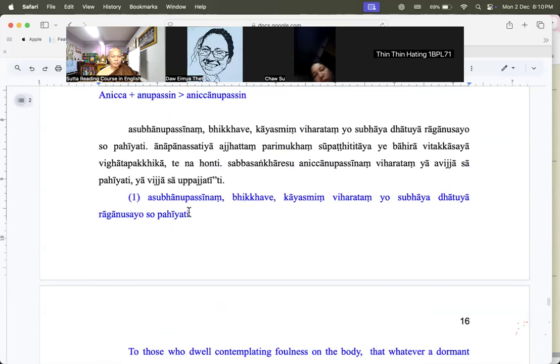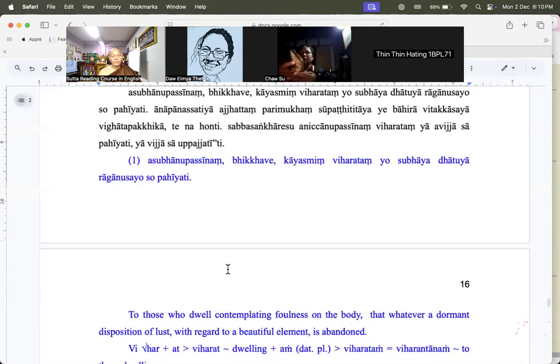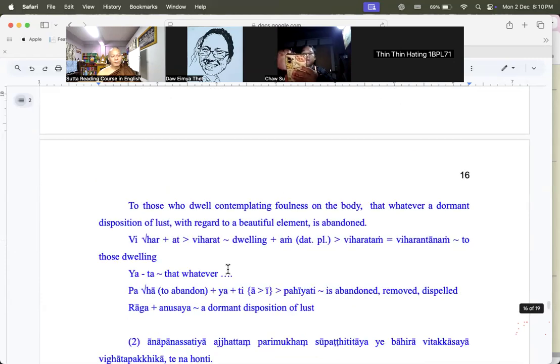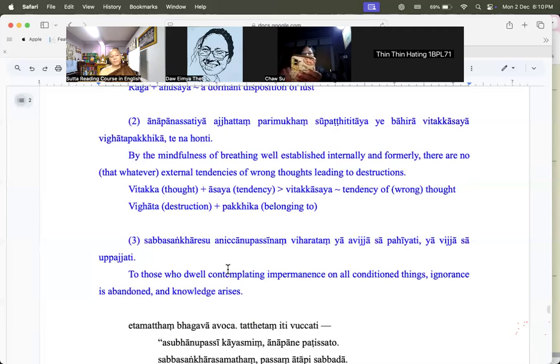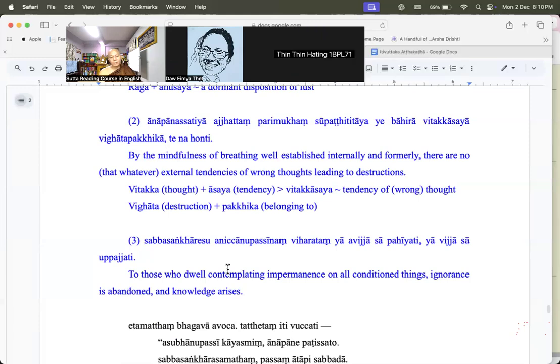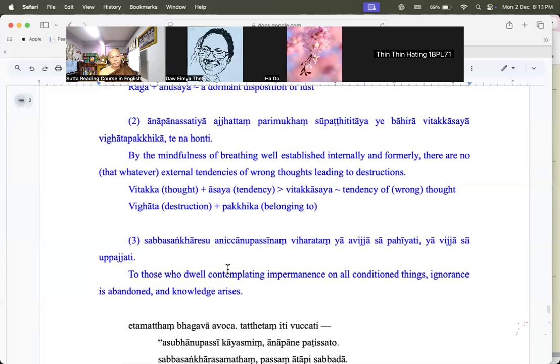The result is that when we establish mindfulness on the breathing and contemplate on the fallness of the body, he said that for number two: anapana satiya achattang parimukhang supatithiyata ataya ye bahira vitakasaya vigata pakhi kadena honti.